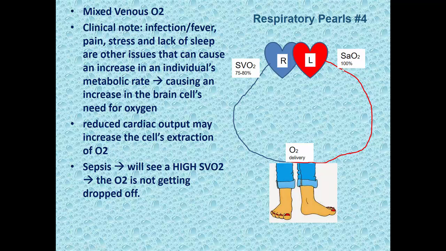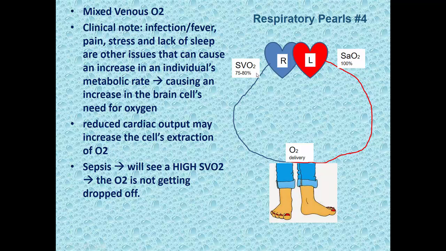So note that if your patient had 100% oxygen saturation at the start, when the UPS truck was full of oxygen, by the time that truck made its way all the way around, down through the body and back to the right side of the heart, only 20 to 25% of those O2 packages would have been delivered, which is why you can hold your breath, because as we pass around the body, we do not use all the oxygen that is available.